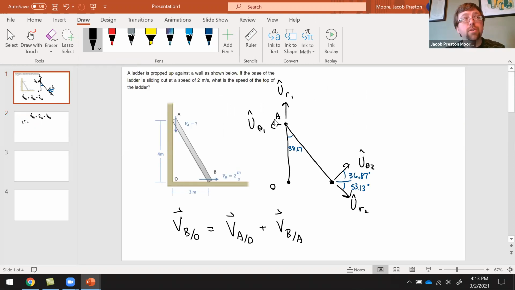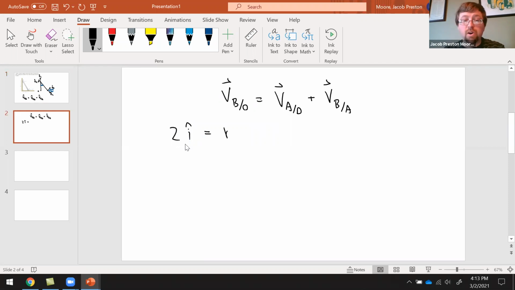It's going straight down. So OA is not rotating. It's not extending either; it's doing the opposite of extending. So rather than use R theta dot, we're instead going to use R dot in the R direction. This is going to be R1 dot in the UR1 direction. I also am going to add the B with respect to A. It's going to be simple rotation, so the length of the ladder is not changing. So it's going to be R2 theta dot 2 in the U theta 2 direction.